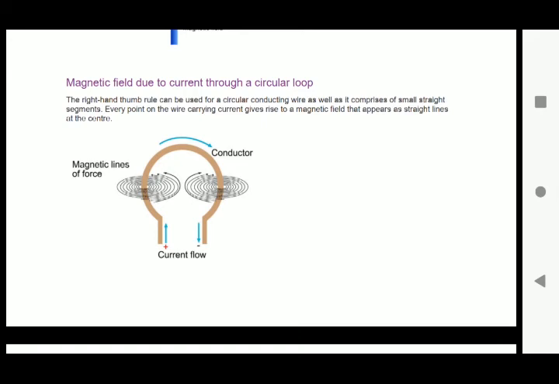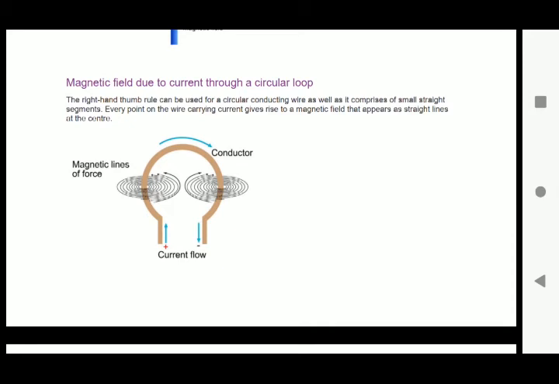The pattern of magnetic field due to a current carrying circular loop is as shown in the figure. You can see they are circular in nature. The magnetic field lines are circular near the current carrying loop.